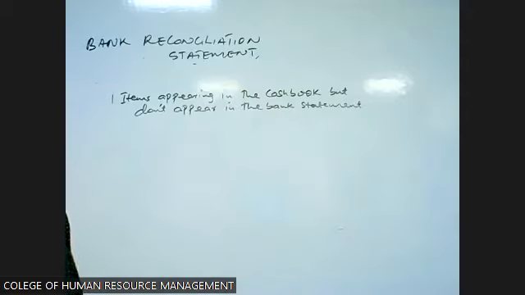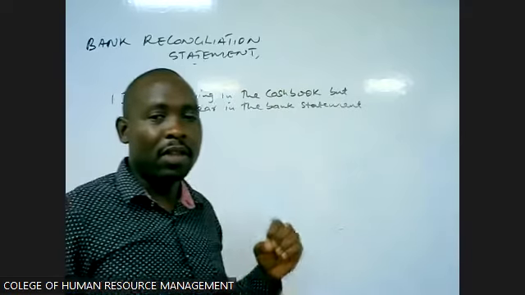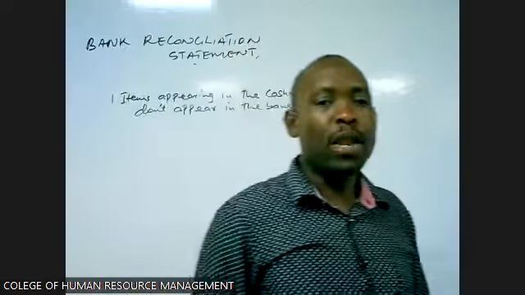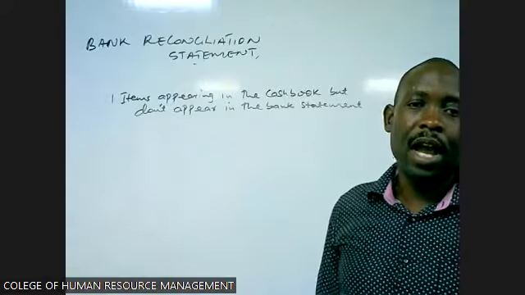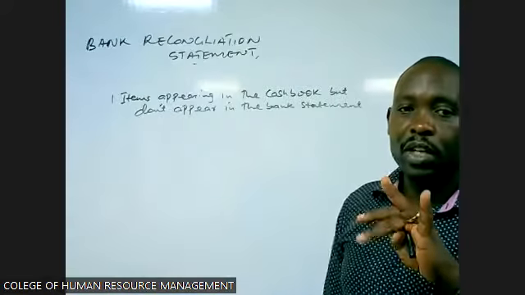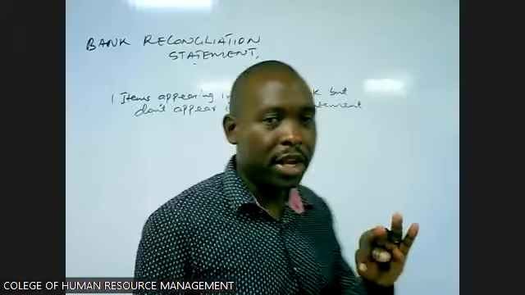That simply means those items are recorded in the cash book, but when you try to find them in the bank statement, they are not there. And those items are grouped into three. Actually, there are three in number.